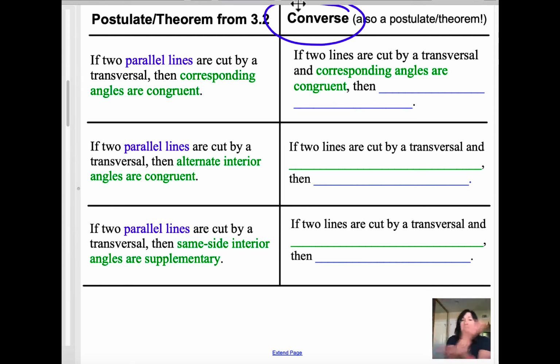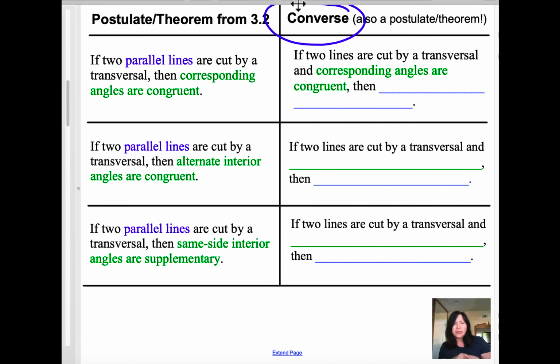Now my hypothesis is my conclusion, and my conclusion is my hypothesis. The original says, if two parallel lines are cut by a transversal, then the corresponding angles are congruent. The converse says, if the two corresponding angles are congruent, then the lines are parallel.